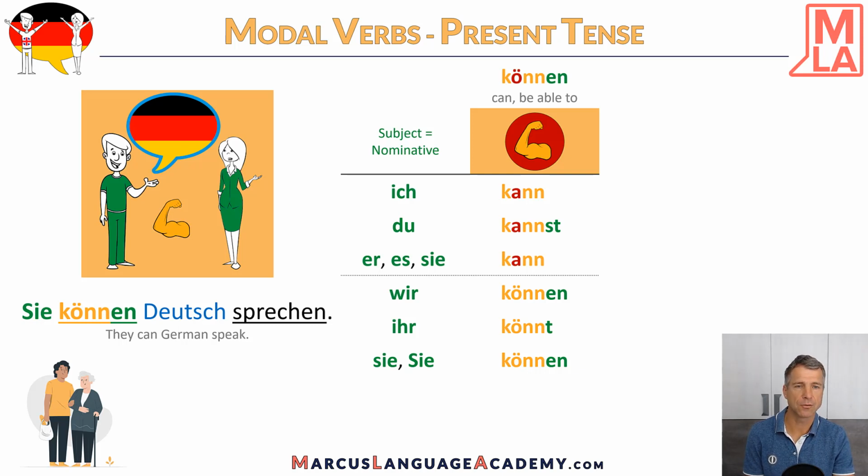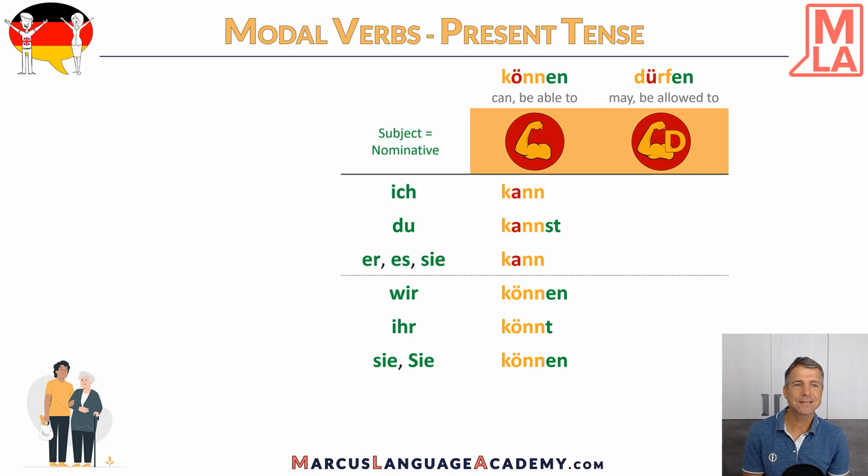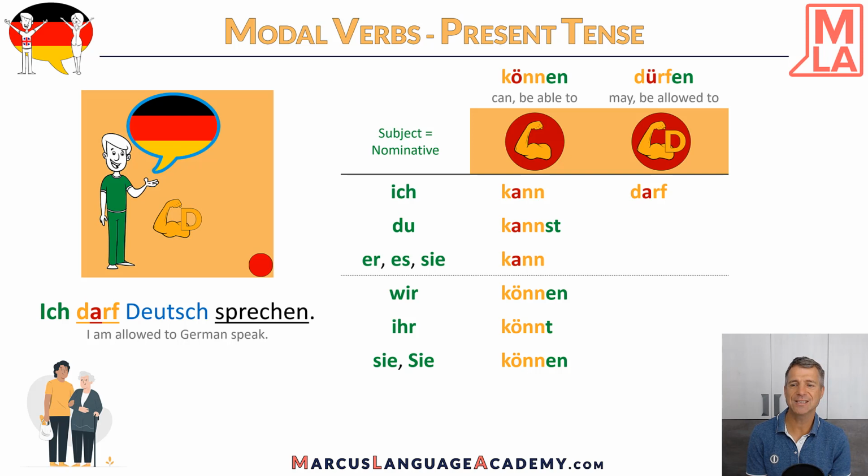No problem at all. Let's see dürfen, which is related to können: I may do something, or I am allowed to do something. The first person is ich darf Deutsch sprechen. I'm allowed to speak German. So ich darf: there's a change in the root, an A instead of U umlaut, and no ending again like in können.